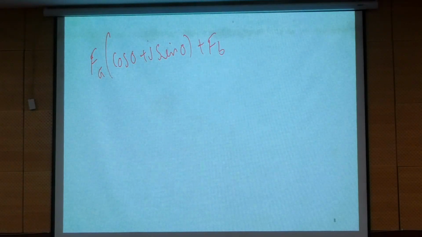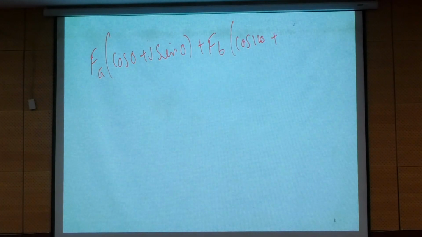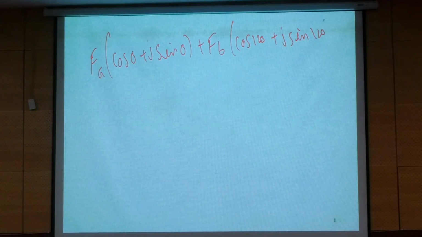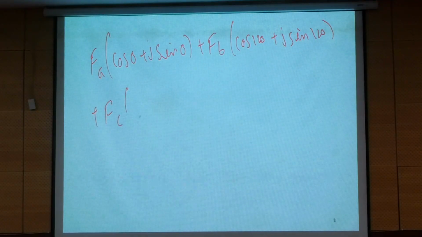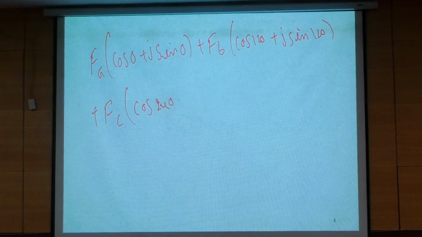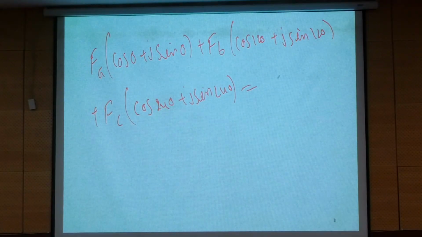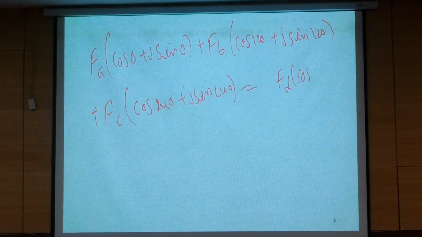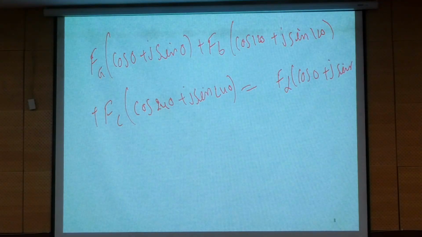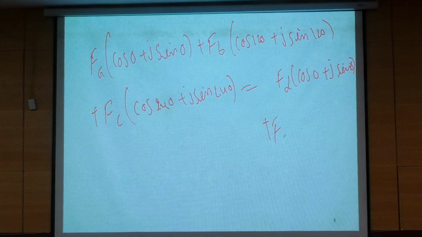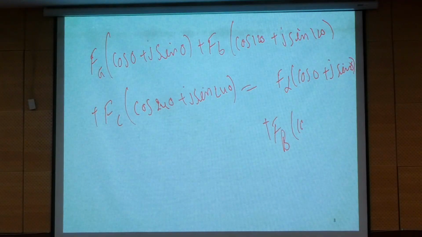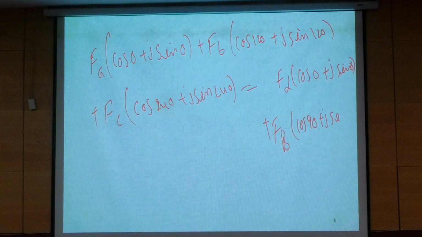So FA into (cos 0 plus j sin 0) plus FB (cos 120 plus j sin 120) plus FC (cos 240 plus j sin 240) equals F alpha (cos 0 plus j sin 0) plus F beta (cos 90 plus j sin 90).